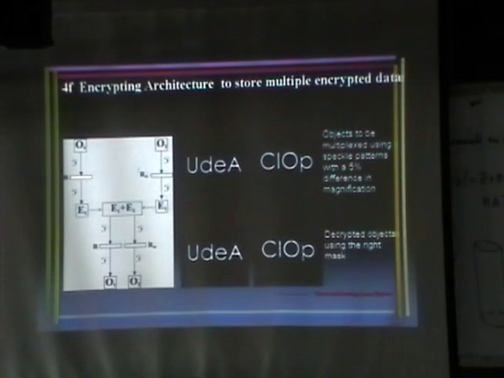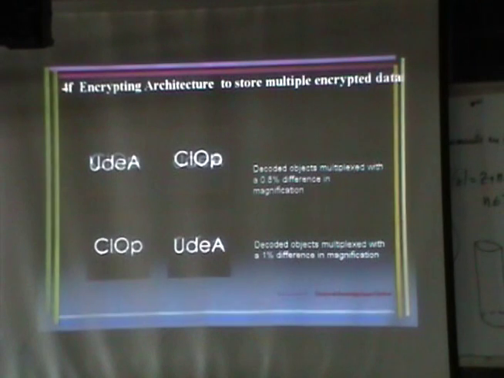Well, this is all the scheme as we have observed in a previous slide. We have to avoid this situation of crosstalk. Here, the magnification was less than 1%, so you recover your input image, but you can observe a second one in the same output.